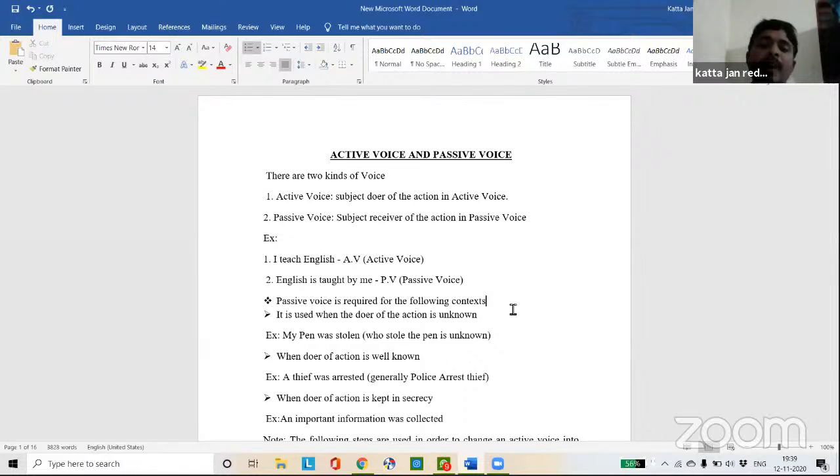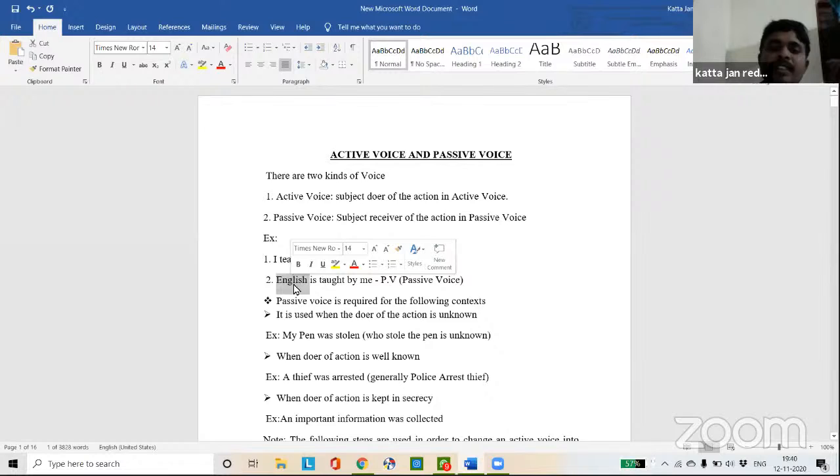And when it comes to passive voice, subject is the receiver. In the active voice, English is the object, right? In active voice, English is the receiver. Object is the receiver, right?